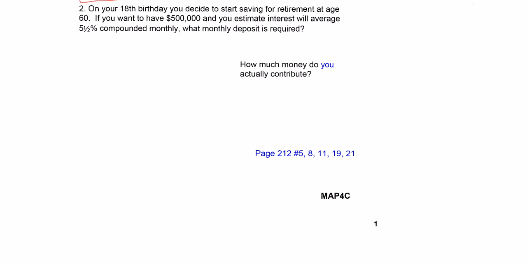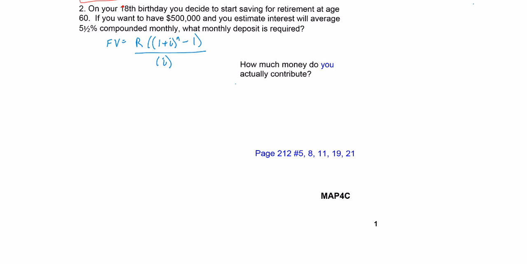Remember, our equation always has to be written. So we've got FV is equal to, for an annuity, R bracket 1 plus i to the n minus 1 divided by i. Let's identify all of the values that we have in this problem.